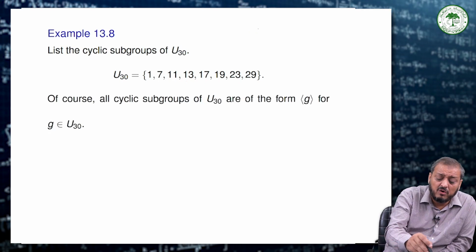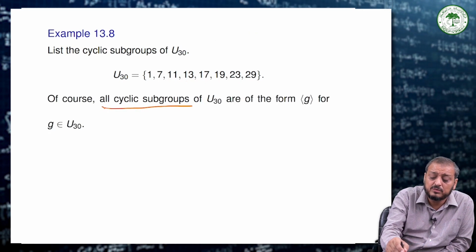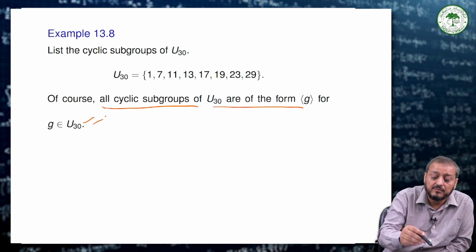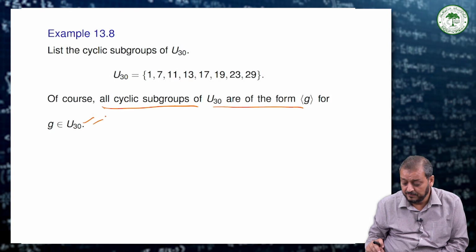Of course, all cyclic subgroups of U30 are of the form generated by g, where g belongs to U30.